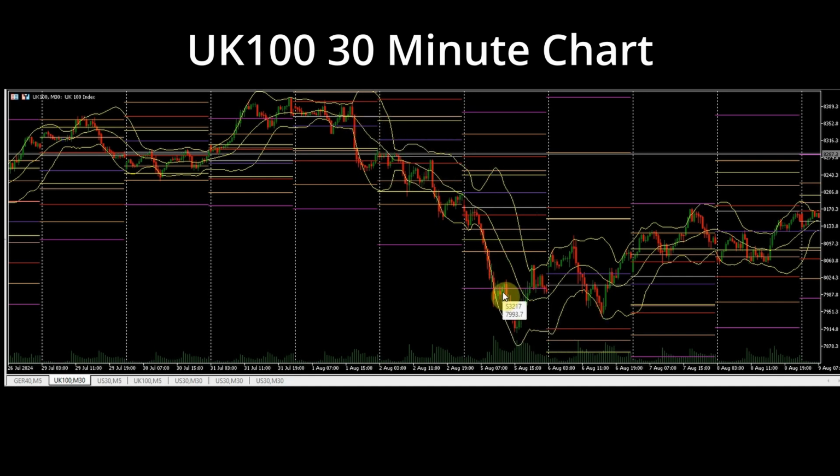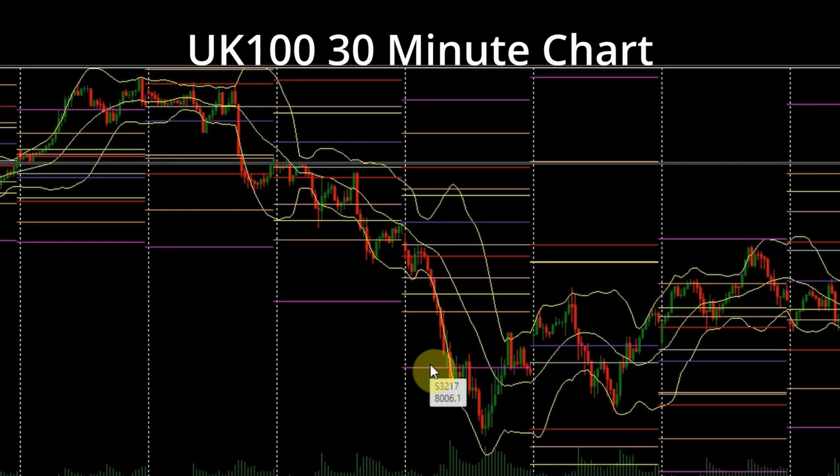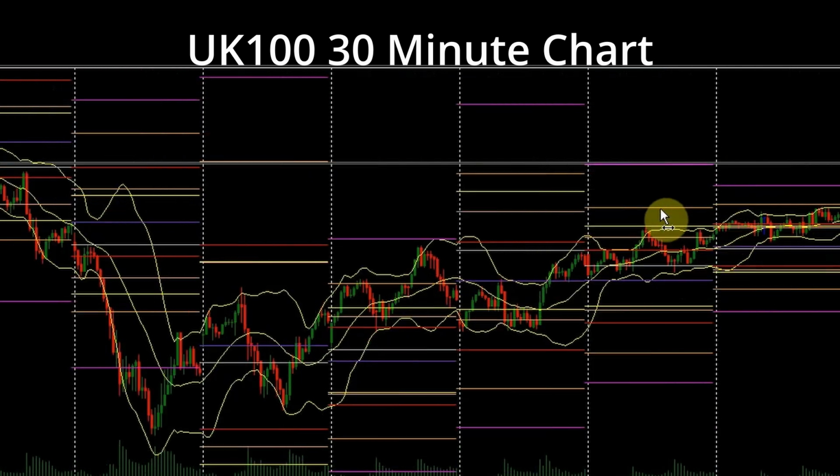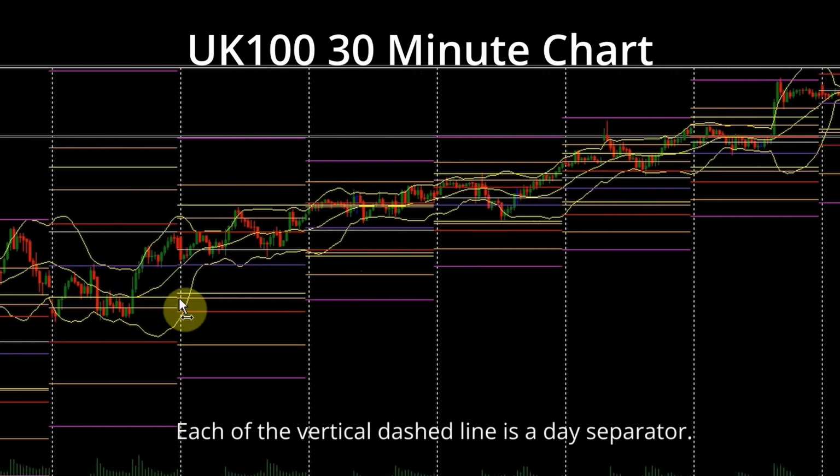And then even if you did have a long bias, let's say the market was outside the Bollinger Bands on the higher time frames, you're expecting it to go up. Let's say you bought it off this extreme lower level, the S3, within 1 or 2 days, you would be sitting in profit, and that market continued to rally from then on.